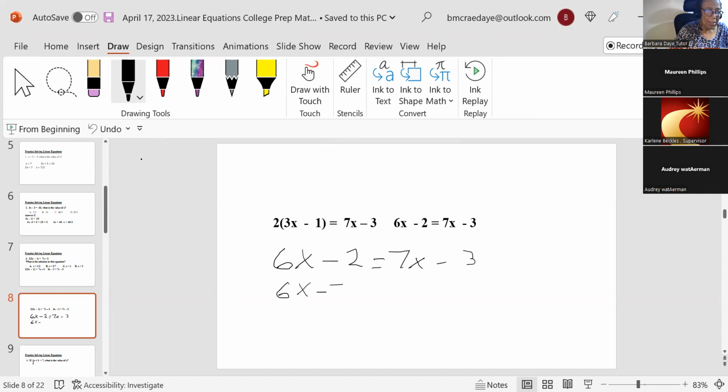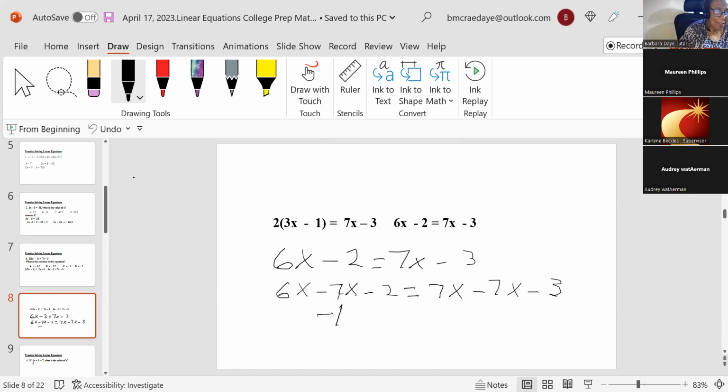6x minus 7x, and do the same thing on the right side, 7x minus 7x minus 3. Okay, Audrey, what do we have on the left side? 6x minus 7x gives you what? -1x. That's it.